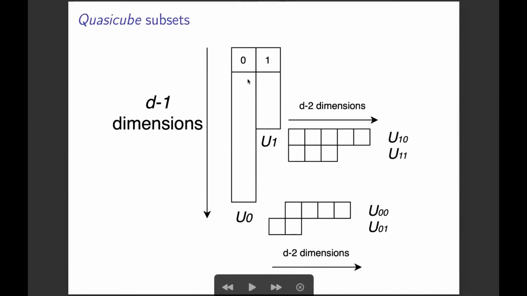So again, how it looks: we have just two slices, with respect to the 0 and 1 coordinate, and the slices u_0 and u_1 in turn are (d-1)-quasicubes, and each slice goes to dimension d-2, and so on. So each point can be decoded as a binary string.